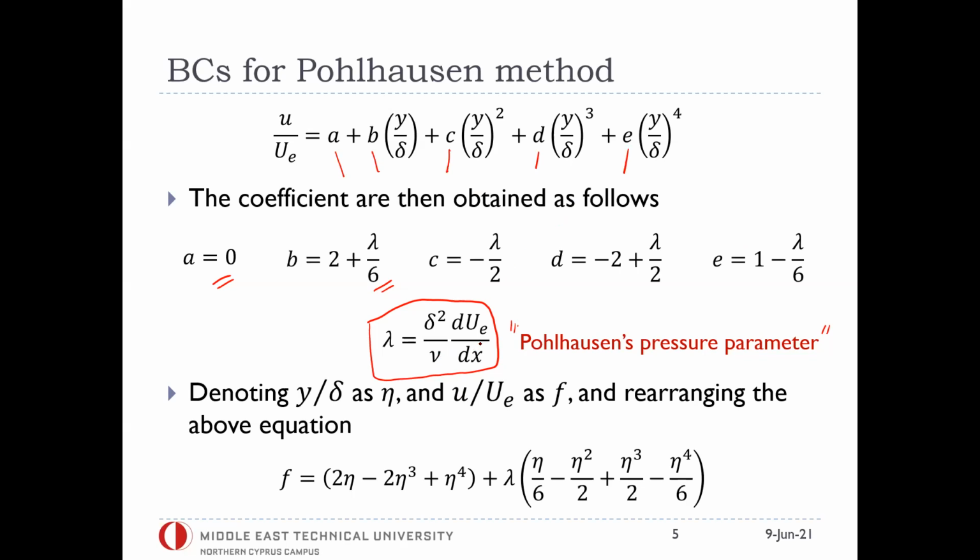When I say constants, of course, I have to explain it a little bit more carefully. They are constants of the polynomial. But how do I calculate those constants? They are all dependent on lambda, except for a. A is 0. And what is lambda? Well, lambda depends on two things. First of all, the uh velocity gradient. So this is a function of x.